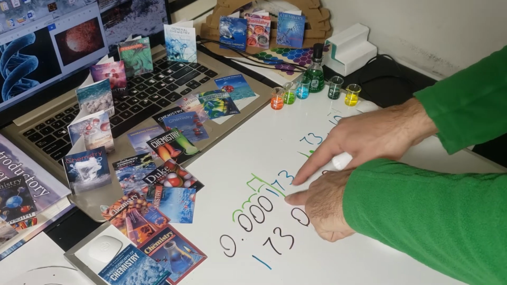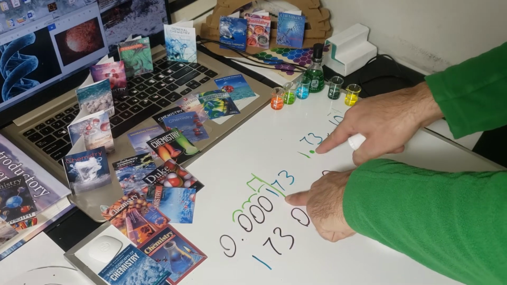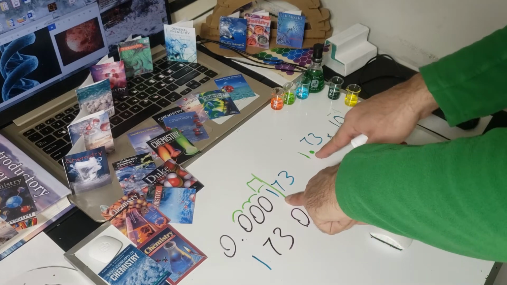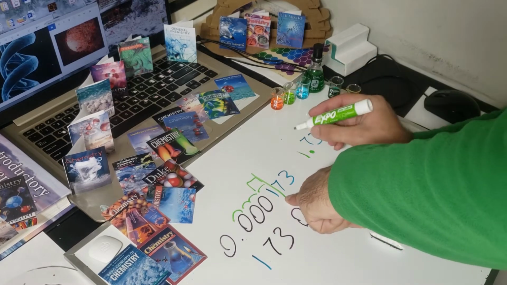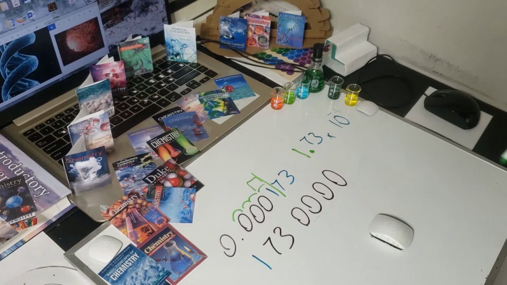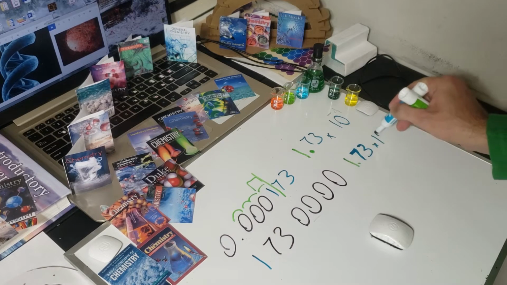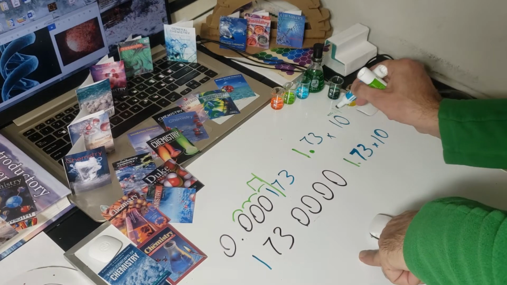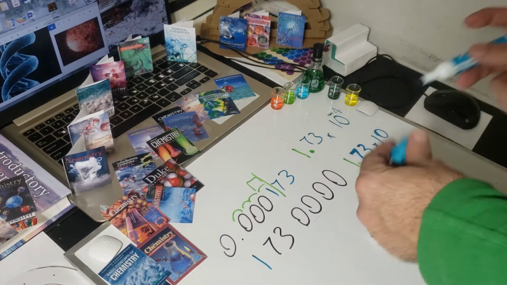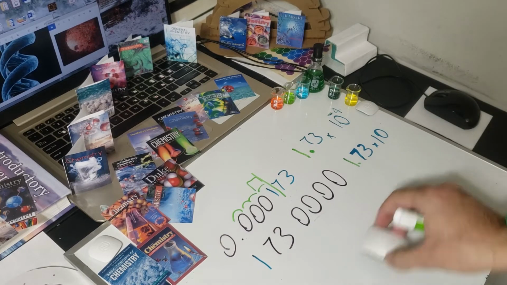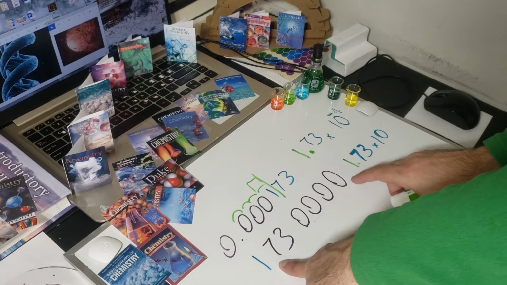Why do I count from here? Because I just put the decimal place intentionally here to make it one digit, to make 1.73. Also, I do 1.73 here times 10. Let's do the -4 in a different color so that it's visible. And I now count from where I start, from the decimal.